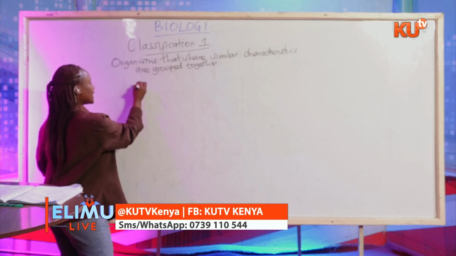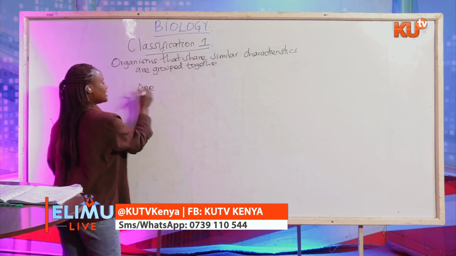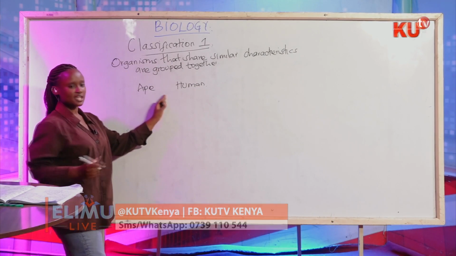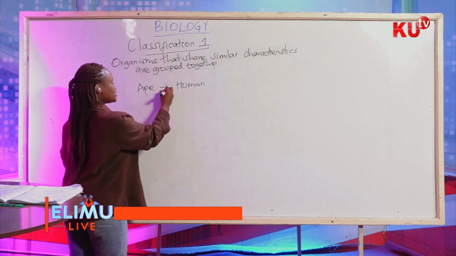If we have an ape and a human being, they share the same characteristics, so they are placed together.